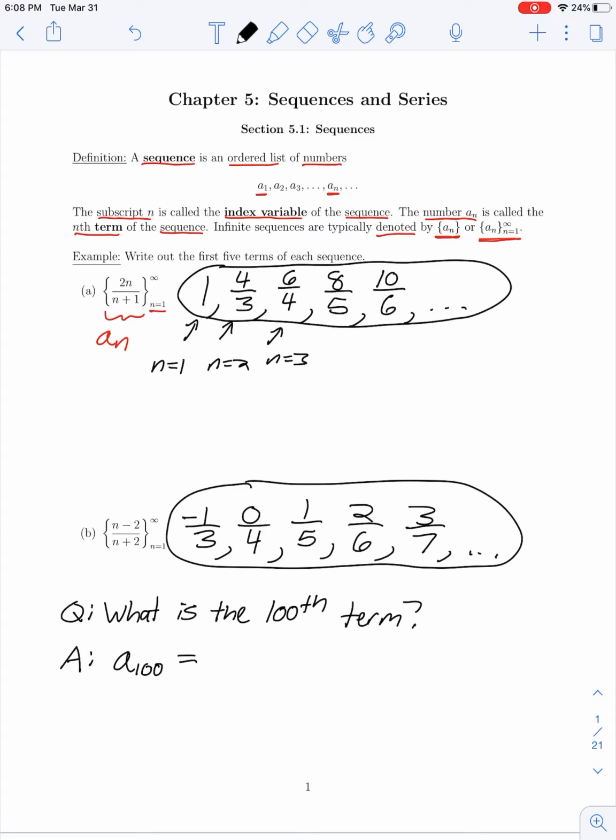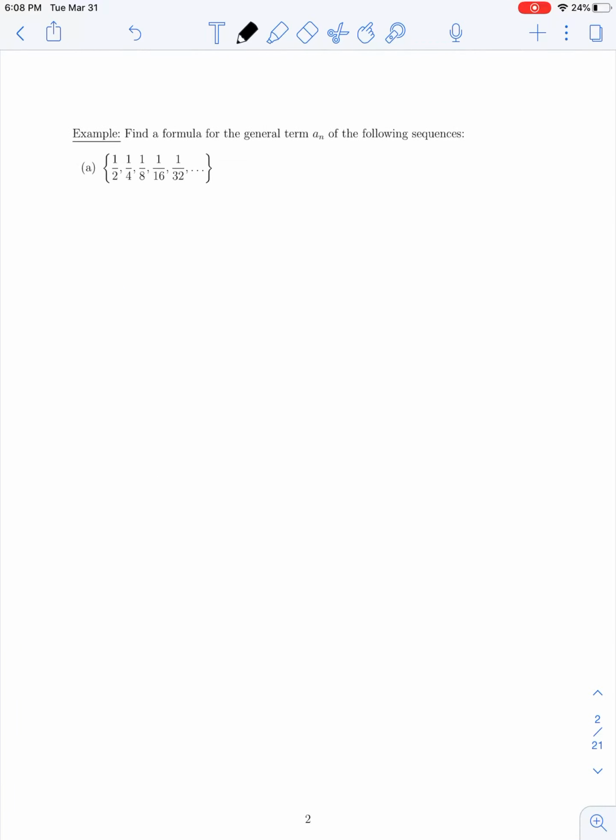And to get the 100th term, well, we're looking for A sub 100, which means that we would plug 100 in for n. So we would have 98 over 102 for that 100th term. So we don't have to list the first 99 terms to get the 100th one.